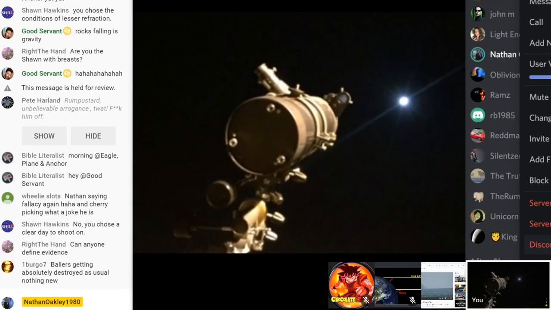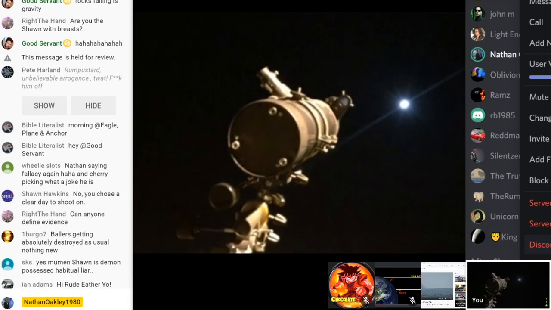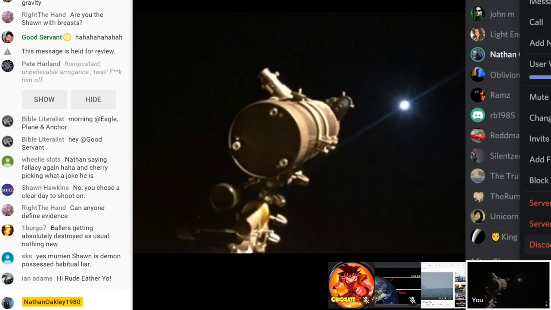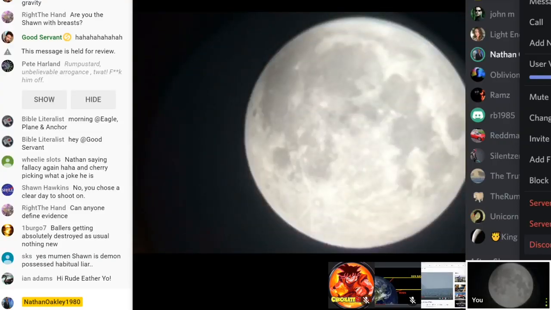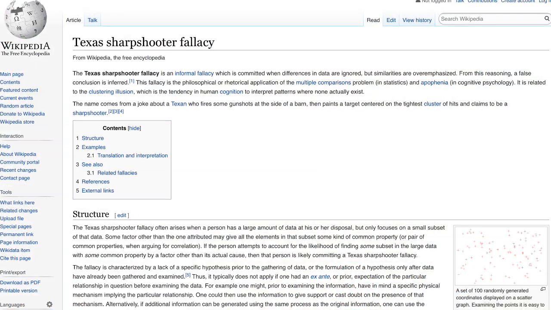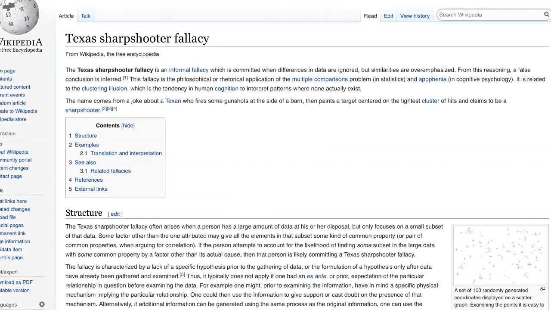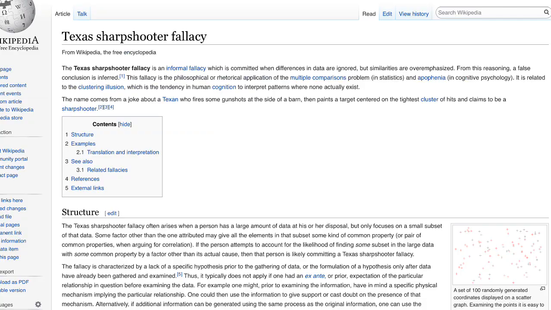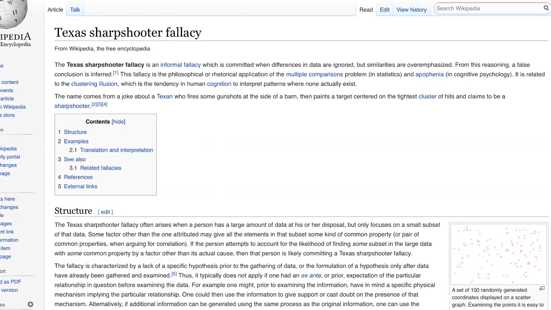Verbal diarrhea. Through me pointing out for the third time that he's utilised a logical fallacy called the Texas sharpshooter fallacy, where he will put his little target around the group of shots that best suits his argument, as opposed to taking in every piece of evidence. The Texas sharpshooter fallacy is an informal fallacy which is committed when differences in data are ignored, but similarities are overemphasized.